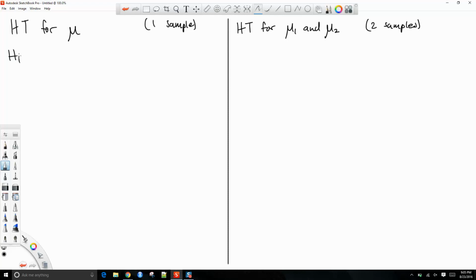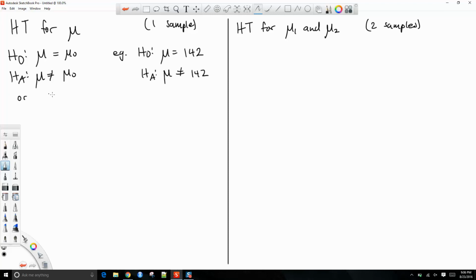Okay, so over here, the null hypothesis is that mu is equal to some number, mu 0. For example, the null hypothesis could be that mu is equal to 142. And then the alternative will be mu does not equal mu 0, or mu does not equal 142, or that mu is greater than mu 0 or is less than mu 0, however you want it.